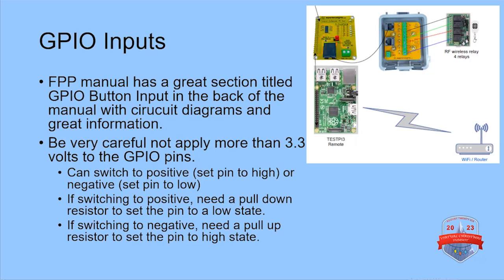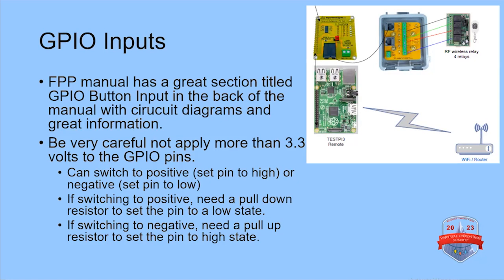This is why I usually recommend something like the Experience Lights input hats, because they have all of the circuitry and they've accounted for that. Through their logic on the hat, they make sure you're not going to damage a Pi by sending incorrect voltage or shorting out a GPIO pin. You want to be very careful about that.